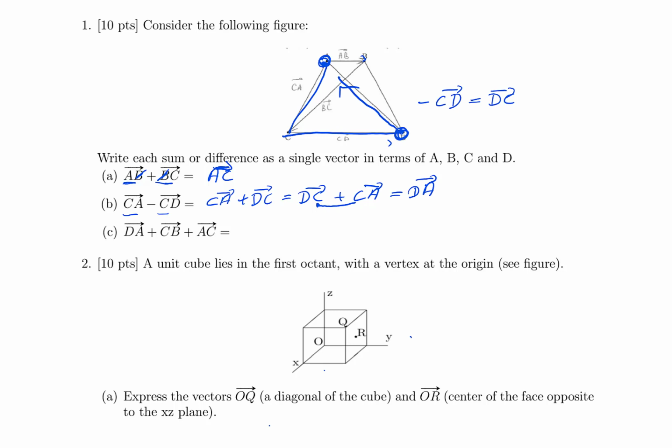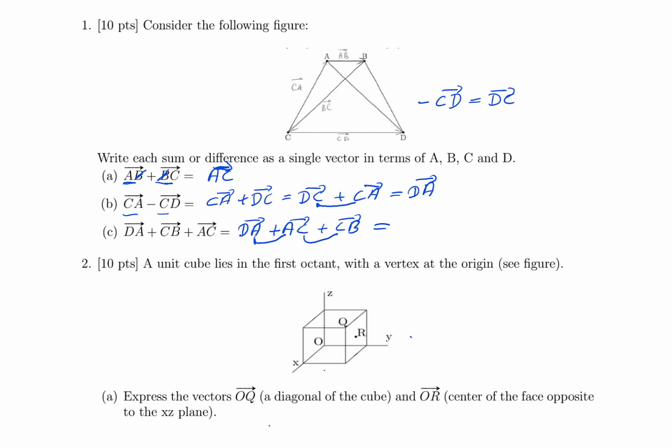The last one is DA plus CB plus AC. So how about this way? I can write DA, then at the A end point I write AC vector, then I write CB vector. Now you see here also AA and CC, so the answer should be DB.